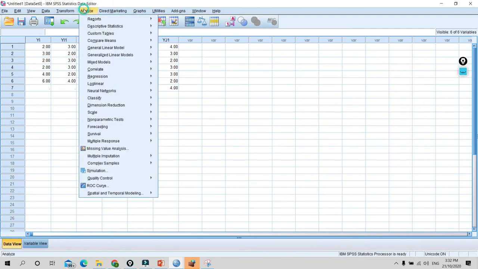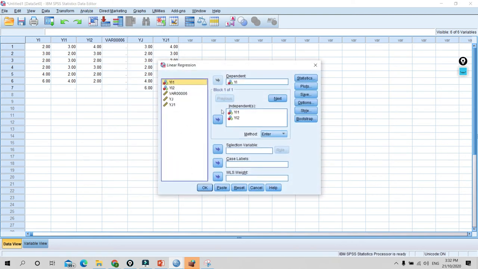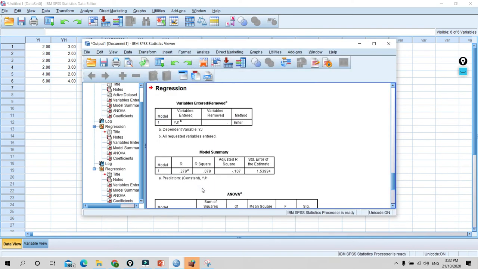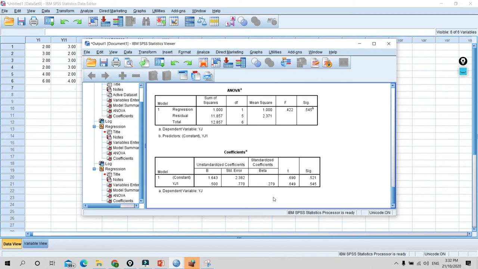So we go to analyze, regression, linear regression. Reset. My dependent variable is yj, then the independent variable is yj1. Just one. This is the answer for the second order, and the first order is like this.